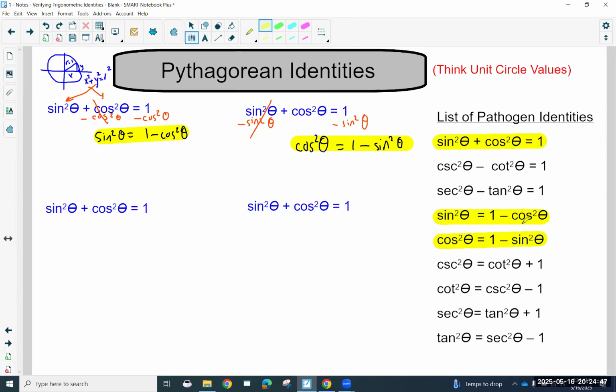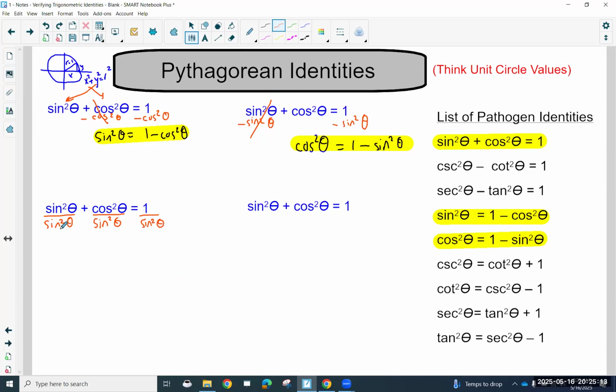So how do I get to the next one? Well, I can't add or subtract anymore. I've already done all that. So my next operation to cancel something out would be to divide. If I divide sine by itself, that would give me 1. If I divide this by sine, remember in math, whatever you divide on one side, you have to divide on all, keeping your algebraic properties satisfied.